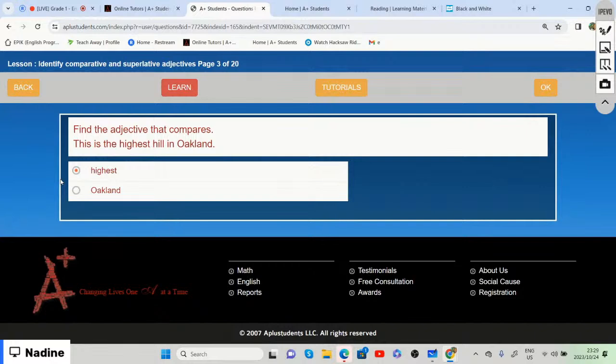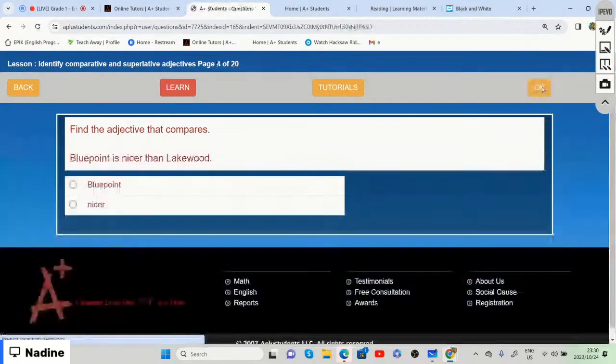And highest ends in est, which means that this is a superlative adjective. So highest is correct and it's a superlative adjective. So well done.